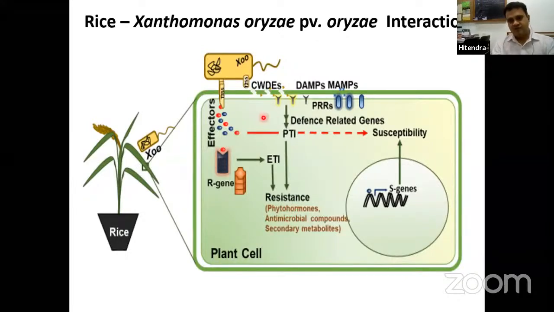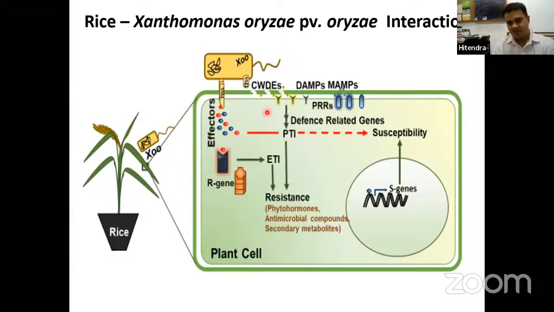So then, to suppress this defense response, bacteria secrete another set of molecules called effector molecules, okay, through another injection-like machinery. So these molecules are secreted directly inside the cell, and then these molecules suppress the defense response induced by plant. So if suppression is effective, the bacteria will be able to cause disease.